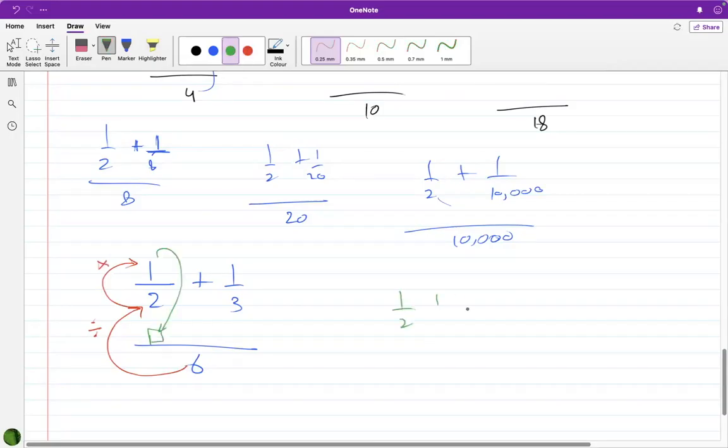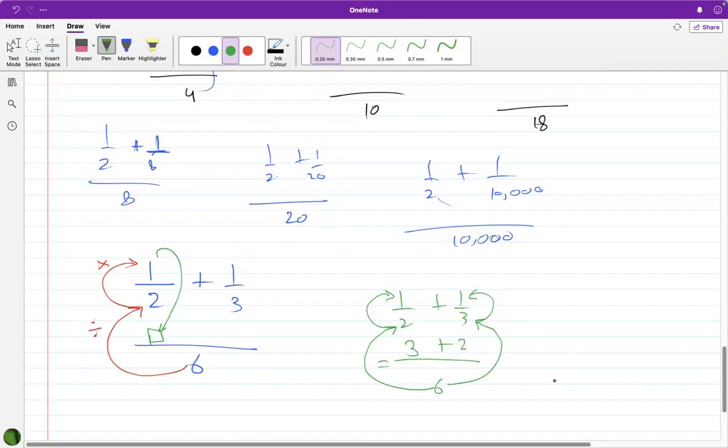So 1 by 2 plus 1 by 3, this is 6. 6 divided by 2 is 3. 3 1 times is 3. On the other side, 6 divided by 3 is 2. 2 1 times is 2. So that's it. Question complete.